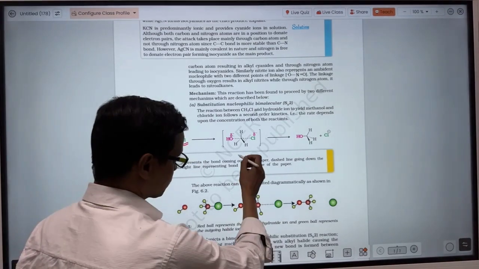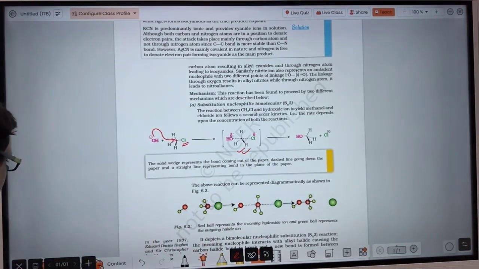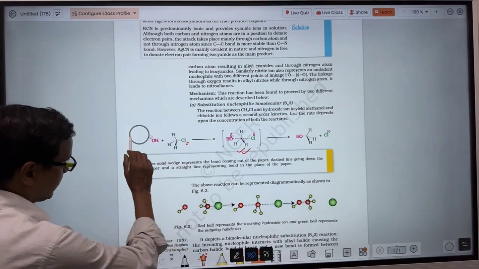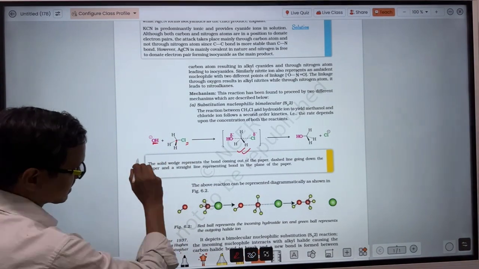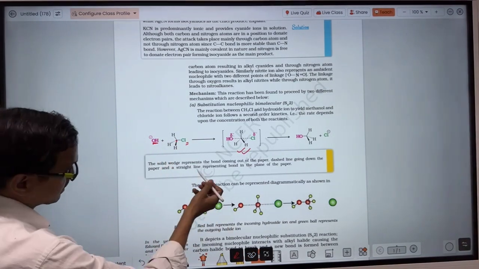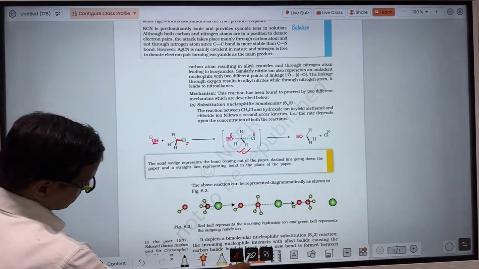As a result, there will be formation of an intermediate. As the bonding between this nucleophile and this carbon atom strengthens, to that extent the bonding between this carbon and this halogen weakens.